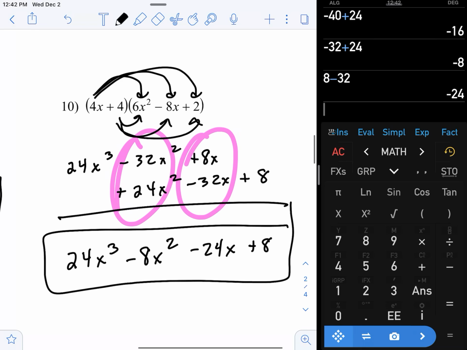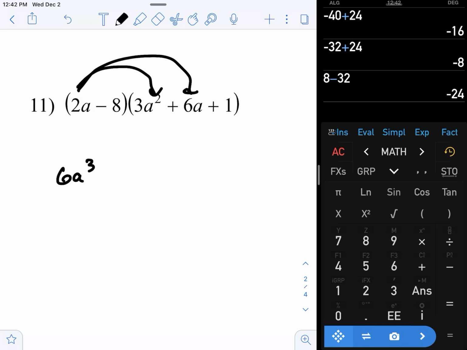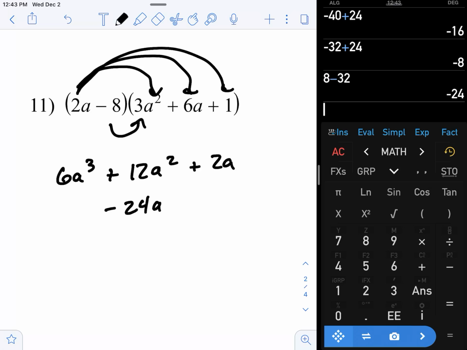Okay. Two a times 3a squared, 6a to the third. 2a times 6a, 12a to the second. 2a times 1, 2a. Negative 8 times 3a squared, negative 24a to the second. Negative 8 times positive 6a, negative 48a.